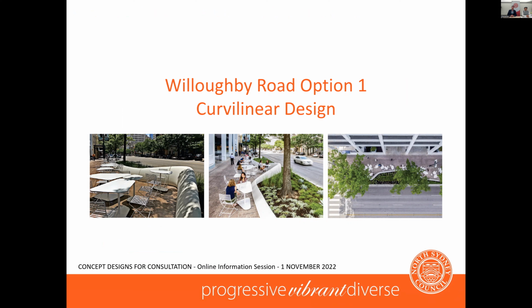It's very much a different concept to what is currently in Willoughby Road, which you'd probably say is more a formal landscape option, a formal design. This is a much more organic, natural design with a curved barrier, if you like, or a curved wall that provides separation between the footpath and pedestrian areas, and of course the very busy Willoughby Road.